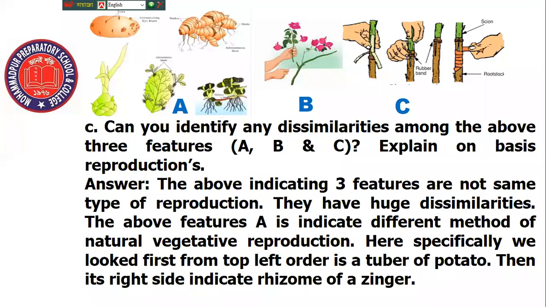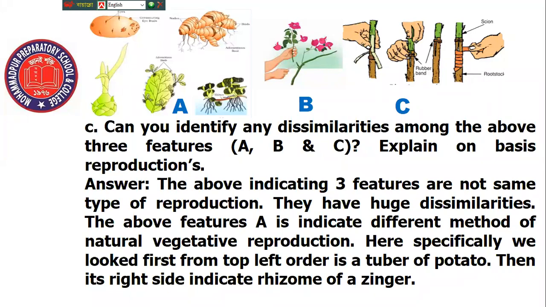So the answer is like this: the above three features are not the same type of reproduction. They have huge dissimilarities. A indicates a method of natural vegetative reproduction.